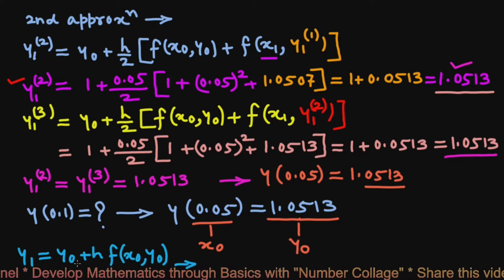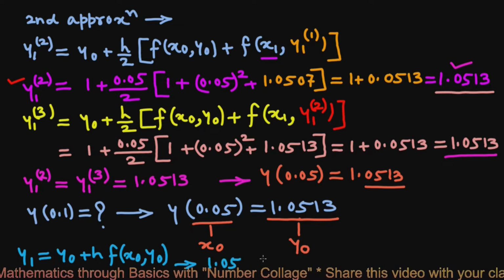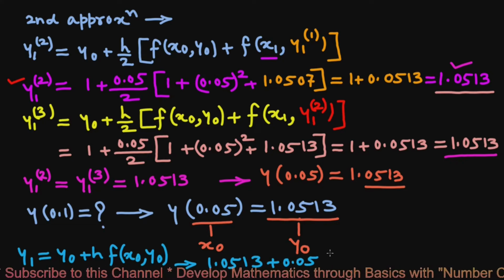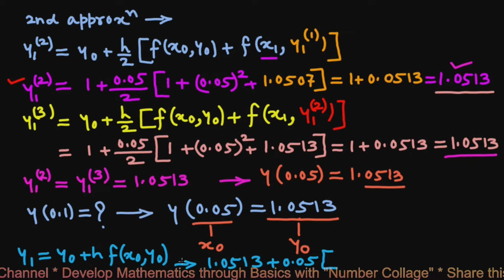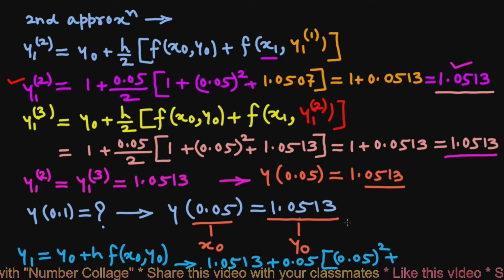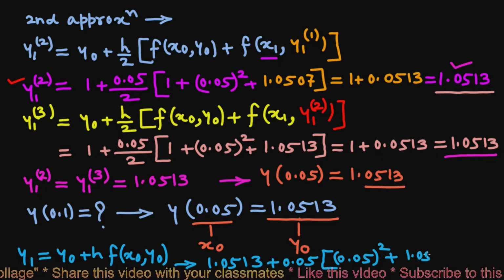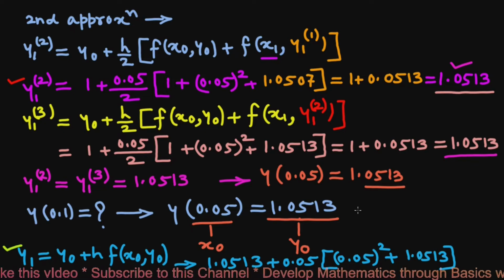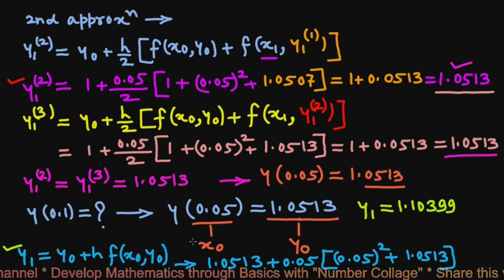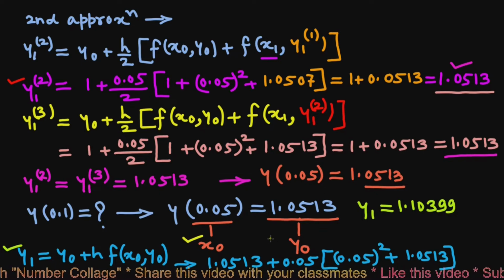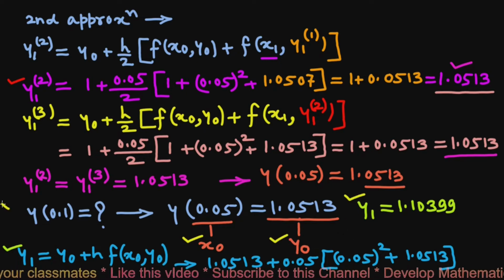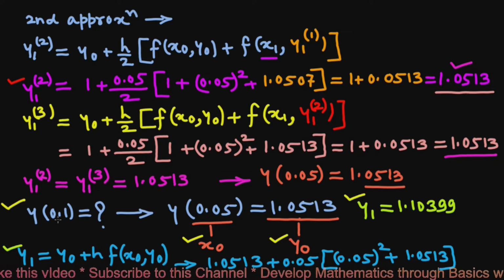So that will be y0 is 1.0513 plus h is 0.05 multiplied by f of x0 y0 will be x0 square, that is 0.05 whole square plus y0, which is 1.0513. So this new y1 will work out to be 1.10399. So we will use this x0, this y0 and this y1 for the second part to find value of y when x is 0.1.